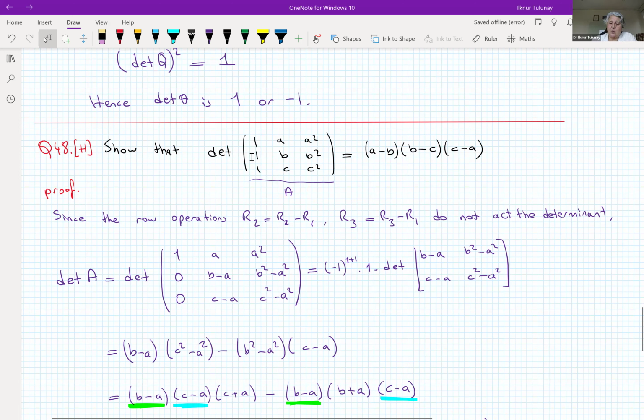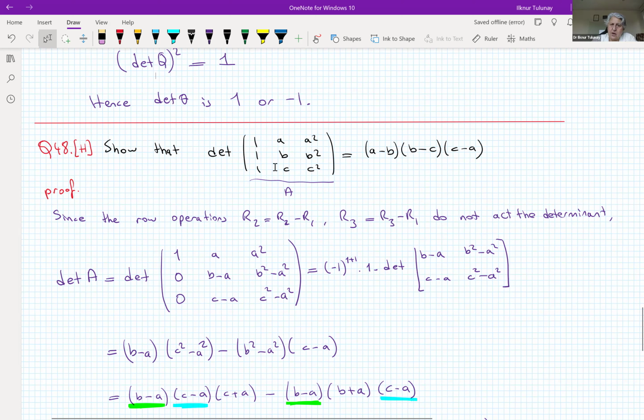So we would like to make this one 0, this one 0. So row 2 becomes row 2 minus row 1, and row 3 becomes row 3 minus row 1. And these row operations do not affect the determinant. So the determinant of A is this matrix after this row operation.